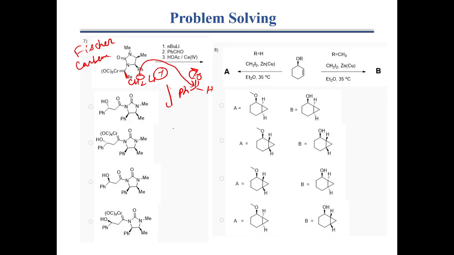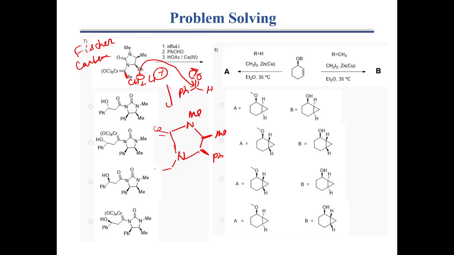and forms methyl. This is C double bond, nitrogen.